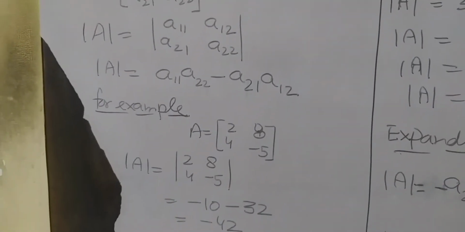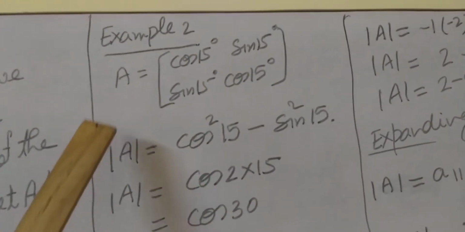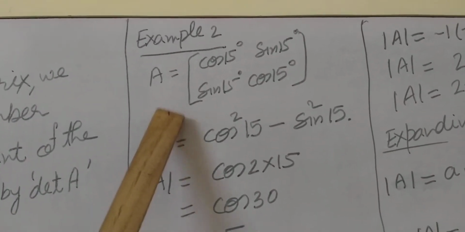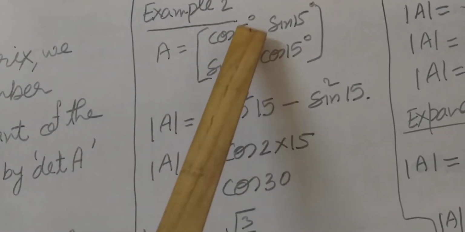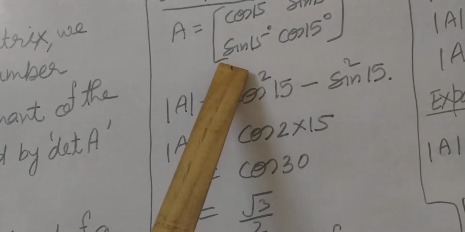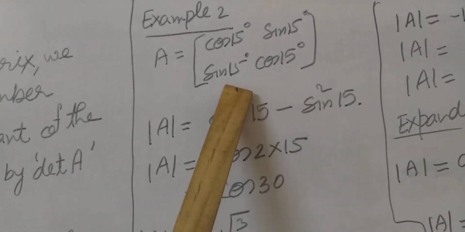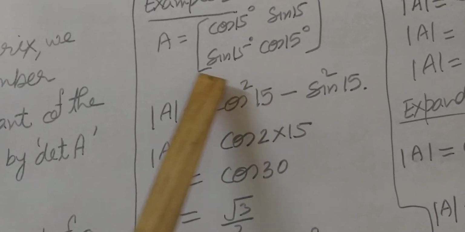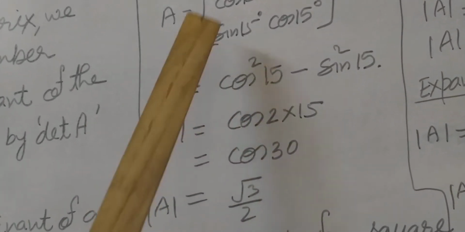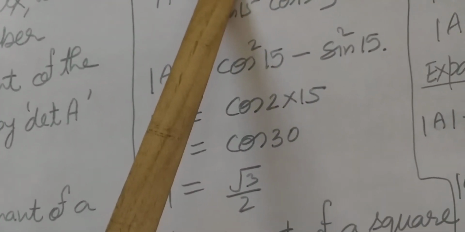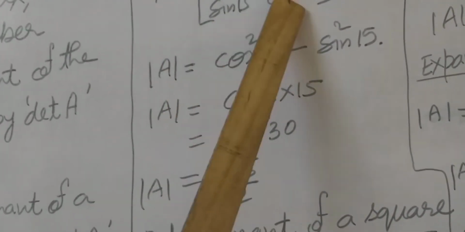Okay, students. Let us take one more example of order 2. A equals cos 15 degree, sin 15 degree, sin 15 degree, cos 15 degree. We have to find out its determinant, student. So determinant of A, first multiply diagonally, A11 to A22.